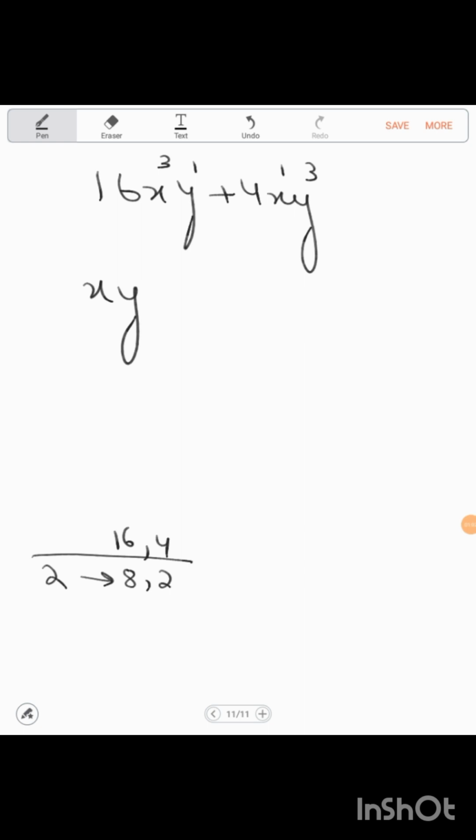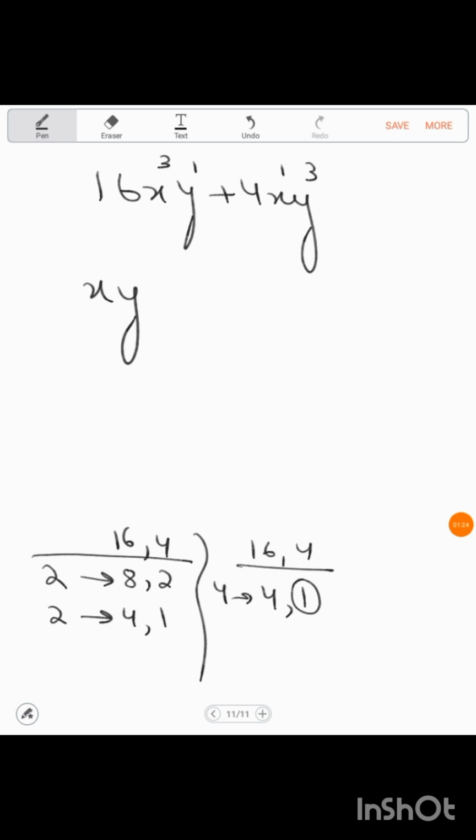Now again you have to take 2 as common to be left with 1 over here. So it's preferable that if you have 16 and 4, you should take 4 as common. 4 times 4 is 16 and 4 times 1 is 4. So you are left with just 1 over here. Okay, so I hope you understood this concept.